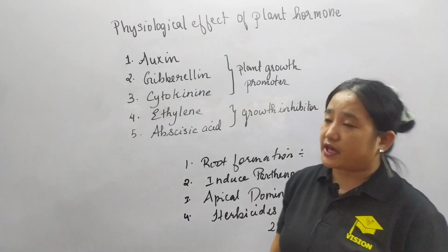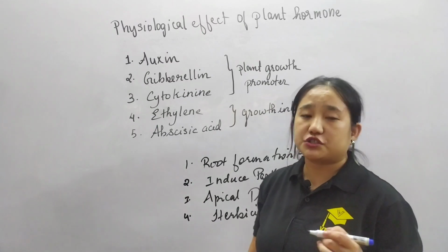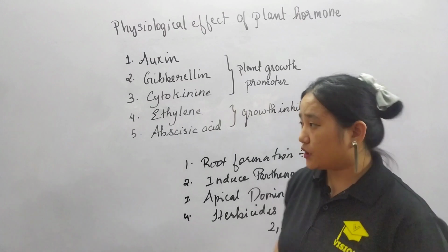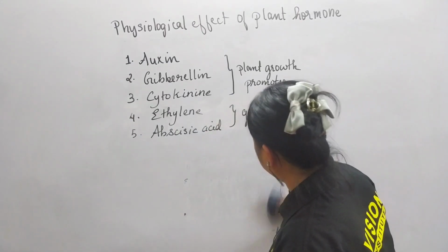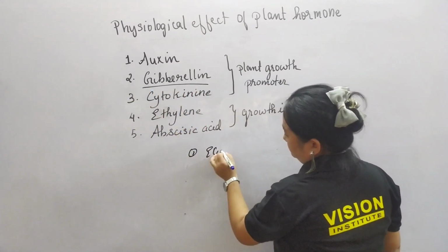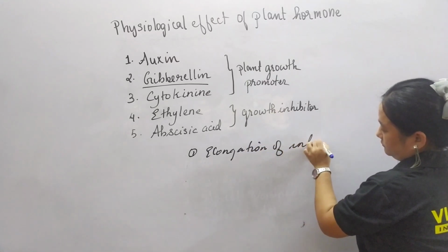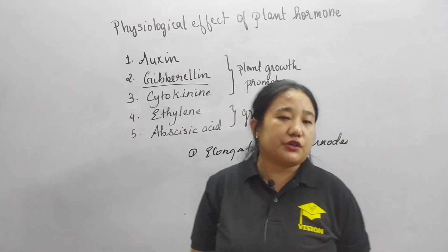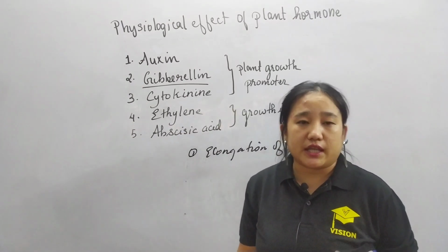Moving on to the next plant hormone, gibberellin. The main physiological effect of gibberellin is that it brings about elongation of the internodes. Since they bring about the elongation of the internode, they also bring about the increase in the length of the stem.